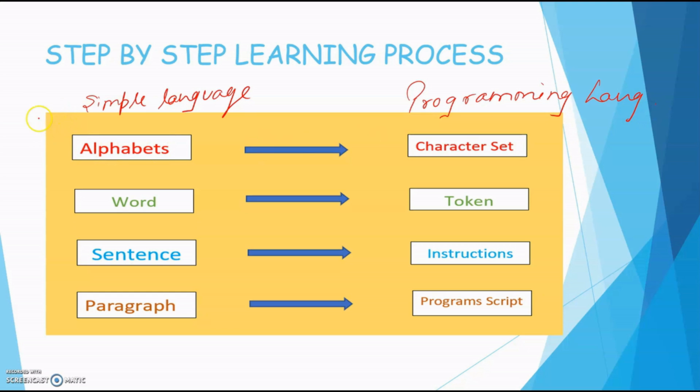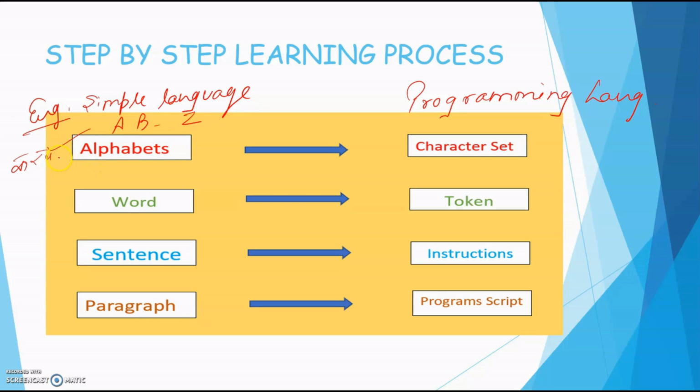If you are learning any language like English, you need to learn first alphabets like A, B, C, D. If you are learning the Hindi language, you have to learn Ka, Kha, Ga. So these are the alphabets of each and every simple language. If you talk about English, Hindi, Latin, Spanish, you have to learn the alphabets first.